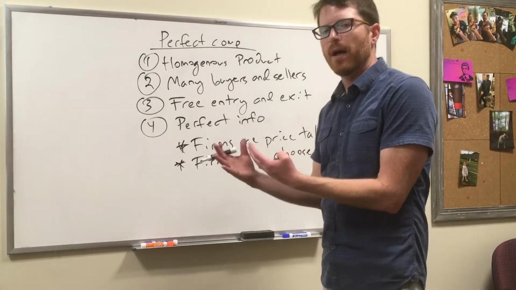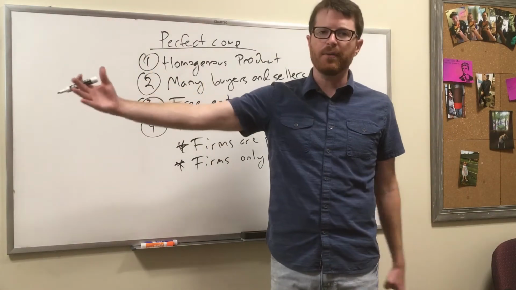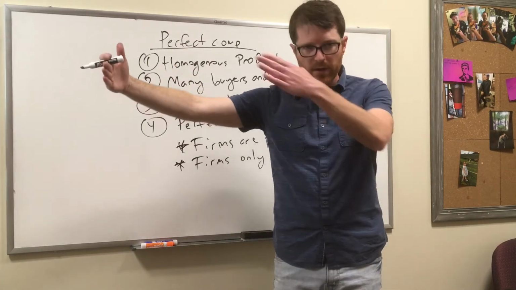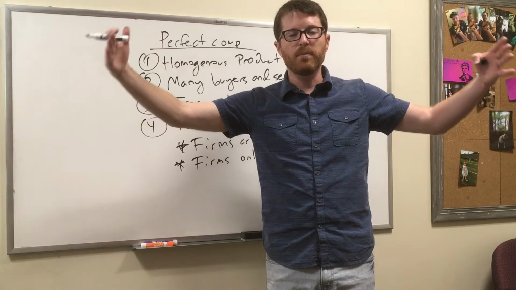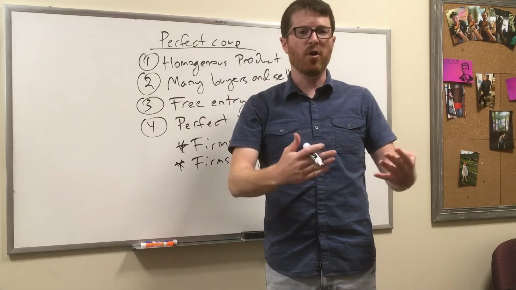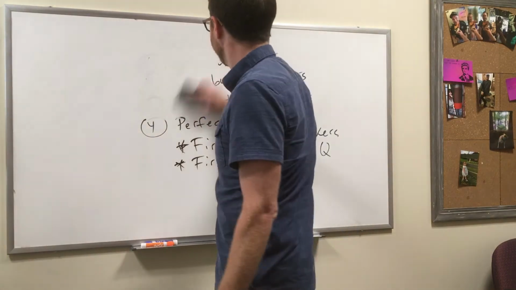But we need to think about this as we move towards the opposite end of the spectrum. If you've got perfect competition on this side, a complete extreme where firms have no control, on the complete opposite end of the spectrum would be monopolies. Monopolies exist when there's only one firm selling a good or service.